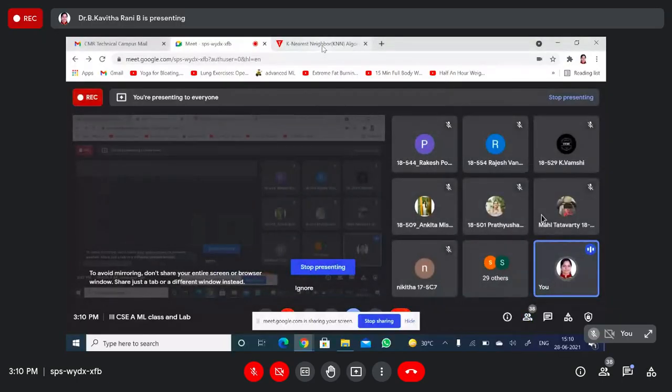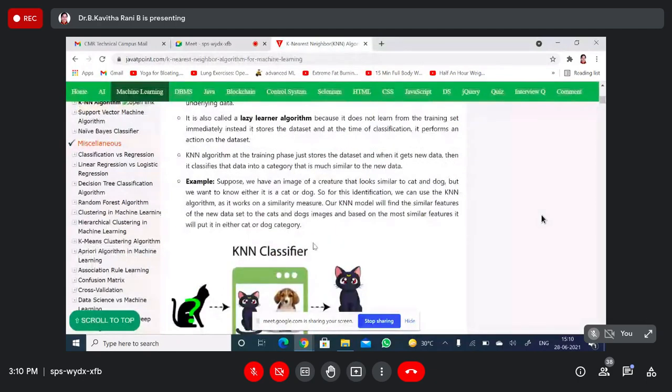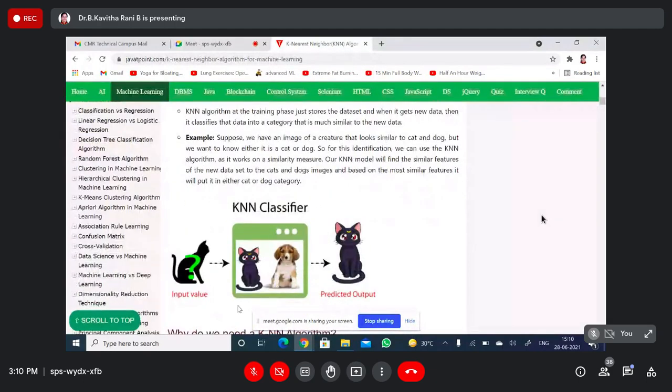So this is one example for K-Nearest Neighbors, as I have told you.